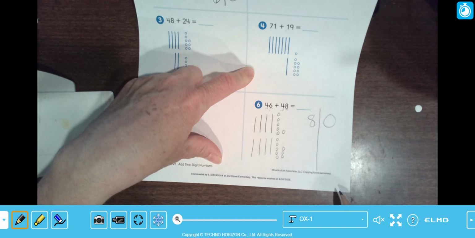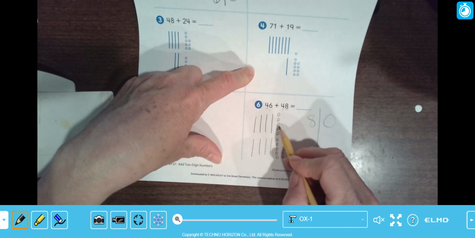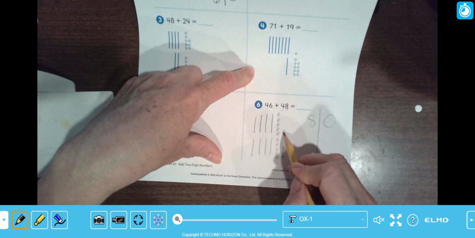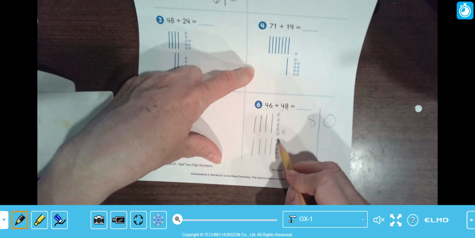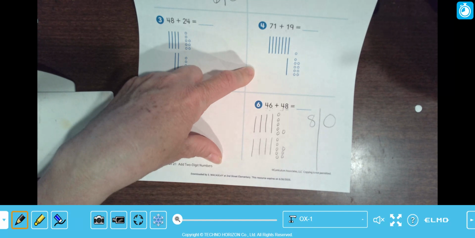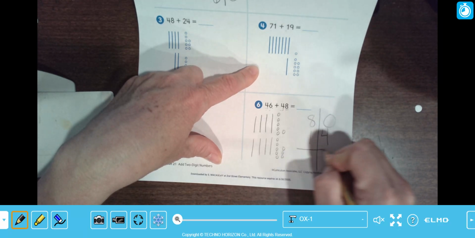Ready? Begin. 1, 2, 3, 4, 5, 6, 7, 8, 9, 10, 11, 12, 13, 14. So how many ones do we have? We have 14, so let's write it down here. 14 ones. Draw the line underneath.